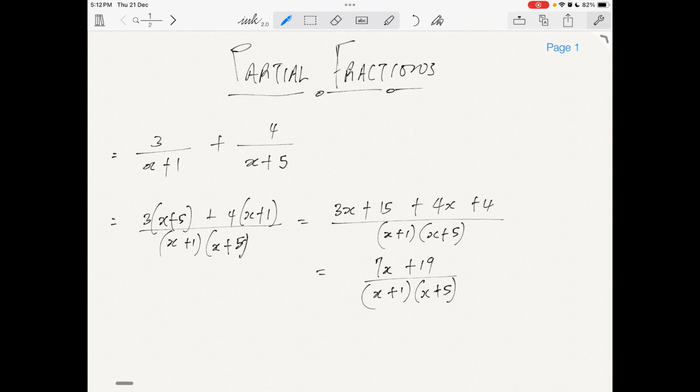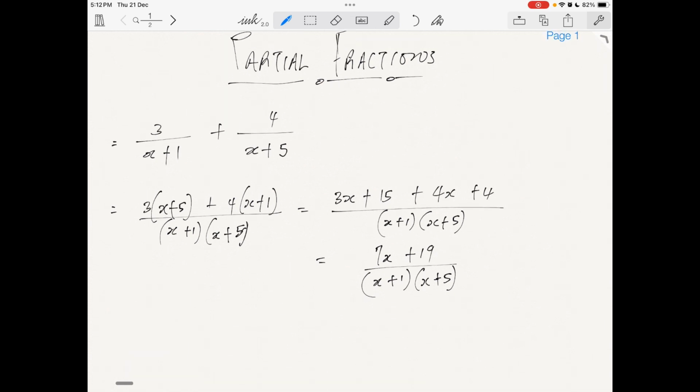Now this is quite simple, moving from two or more simple algebraic fractions to obtain a single algebraic fraction. But suppose we start with this compound one and we want to go into the split form.